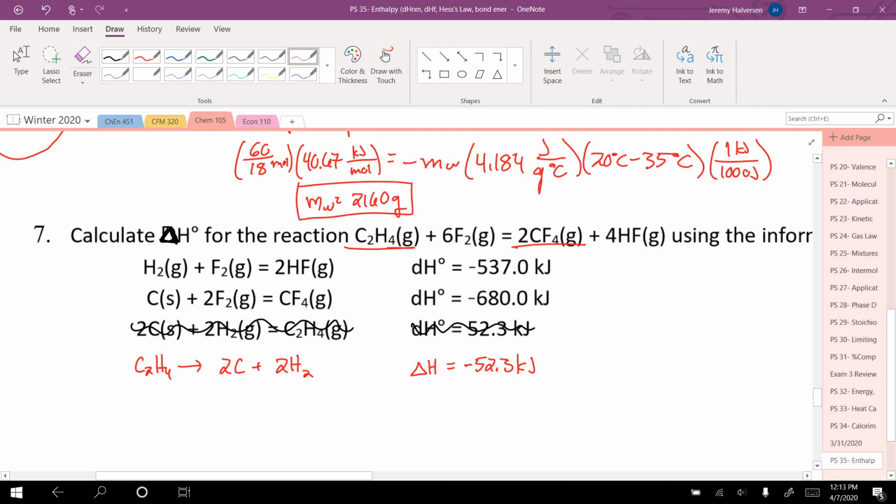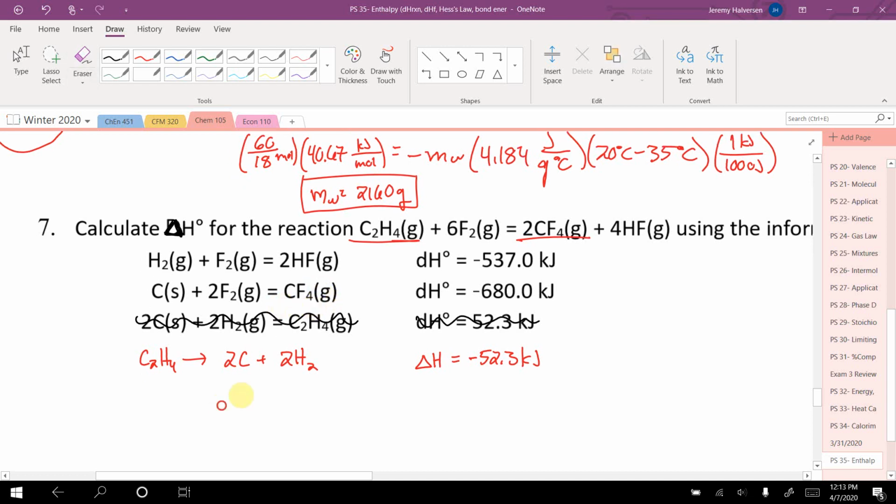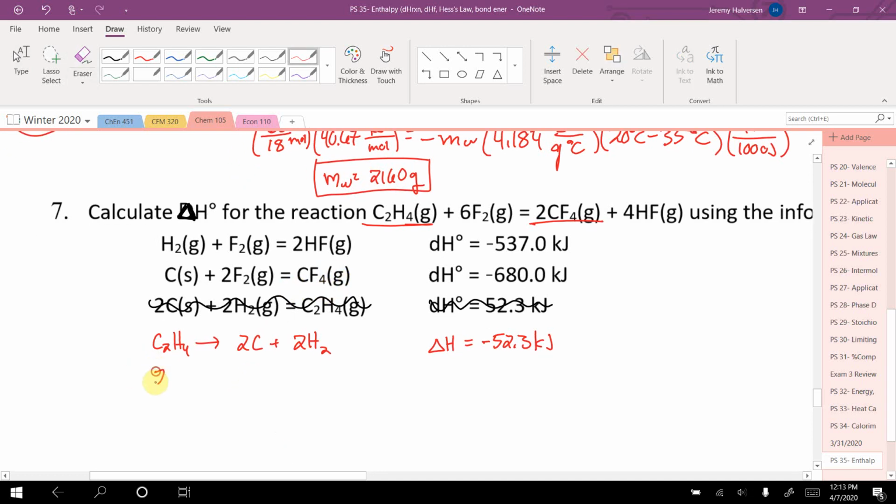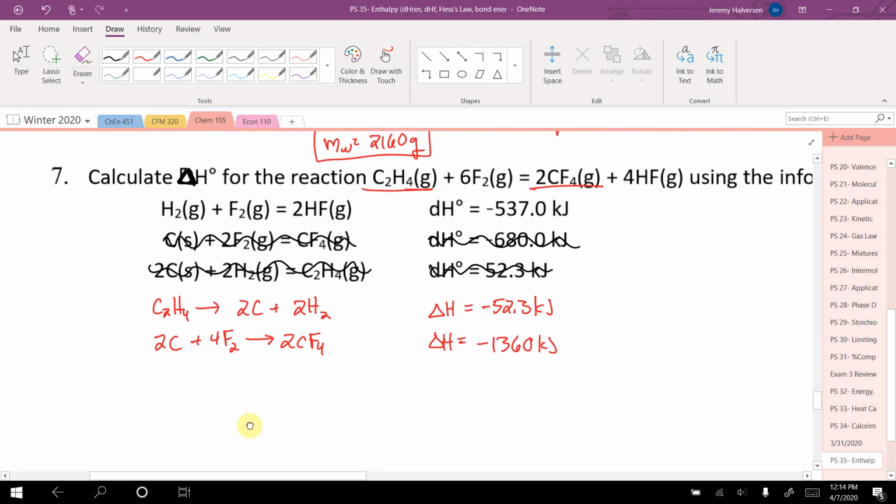2 CF4s on the right. I've got 1 CF4 on the right, so let's scale that equation. Let's multiply the whole thing by 2. When I double that equation, the delta H of that equation is now going to double as well. Now this one's good.